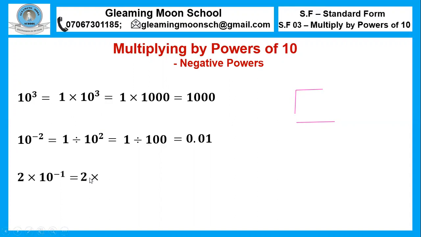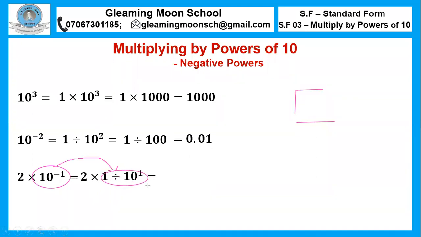So we have 2 times, that's separate now. But then we have this one, which we are going to get separately. So we have 10 raised to the power of minus 1. What is 10 raised to the power of minus 1? We know that that equates to 1 divided by 10 raised to the power of 1.